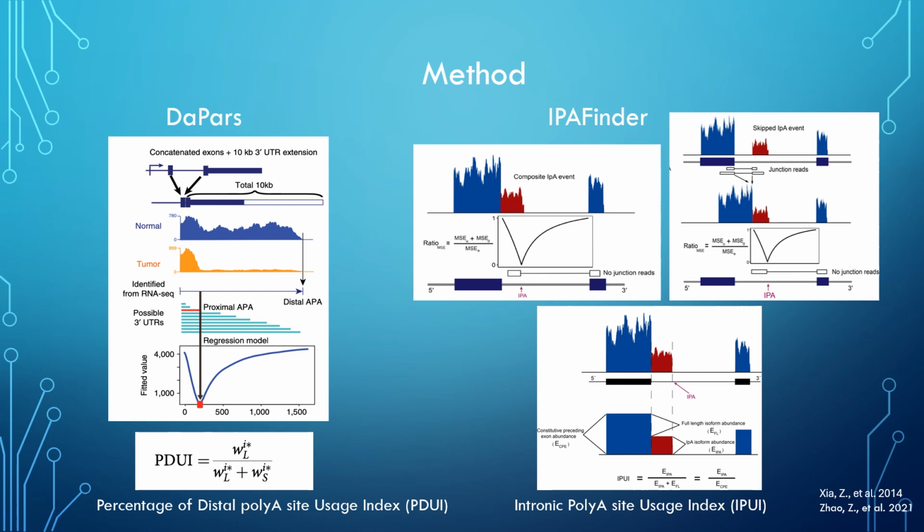When comparing two conditions, samples with lower PDUI values have increased usage of proximal poly-A sites, producing transcripts with shortened 3' UTR. Similarly, IPAFinder quantifies the relative usage of poly-A sites for a gene between conditions. Samples with higher IPUI values have increased IPA events, indicating increased production of truncated mRNA.